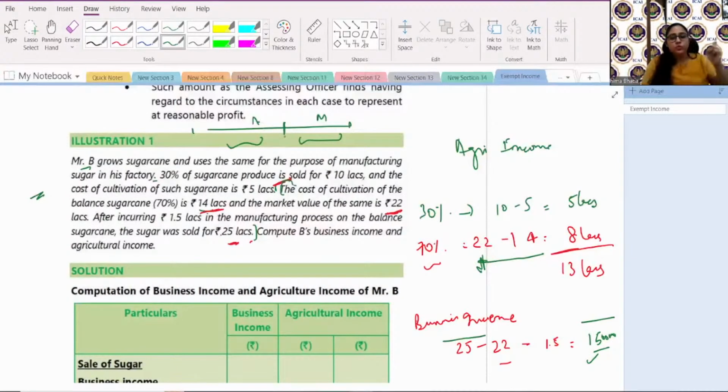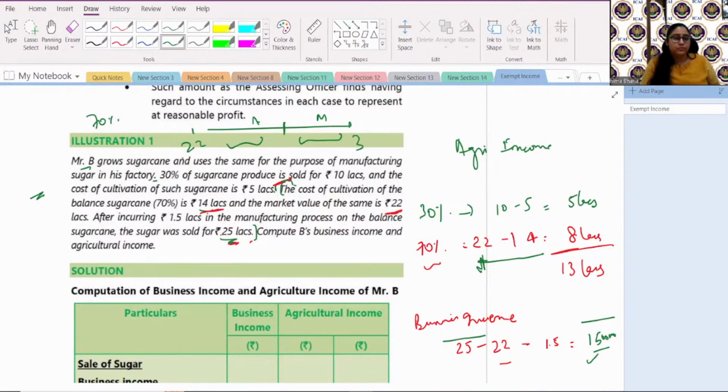Now, there are two ways to do this question. How much final income I got from that 70% of sugarcane is 25 lakhs. But if I would have sold the same produce as an agriculture produce itself, I would have got 22 lakhs. So additional income from manufacturing process is 3 lakhs.